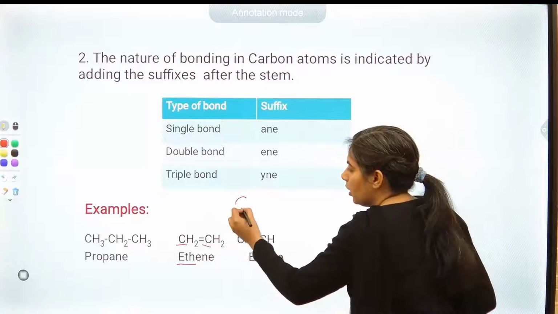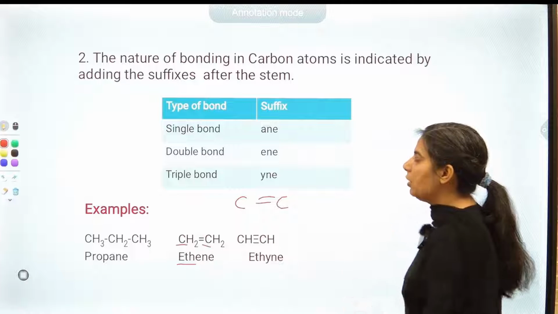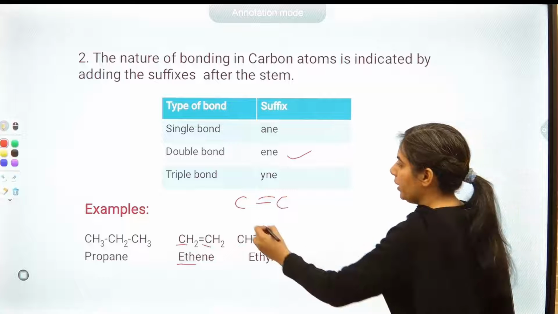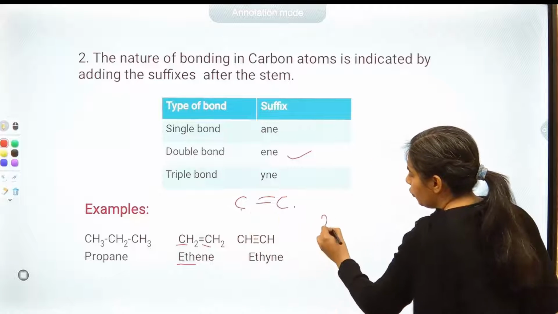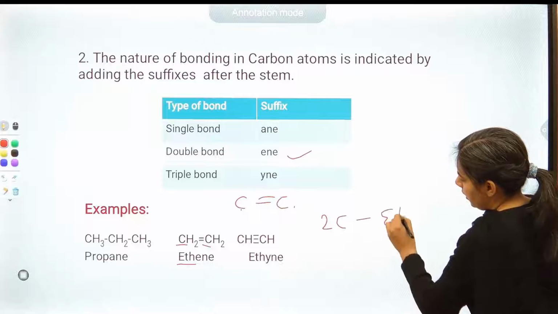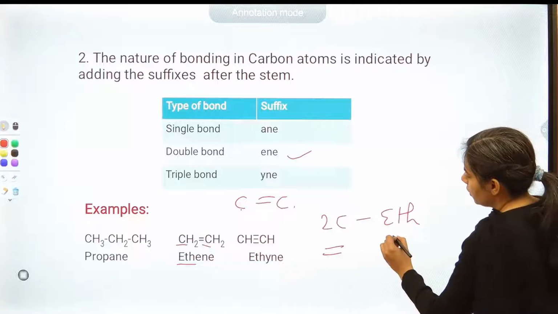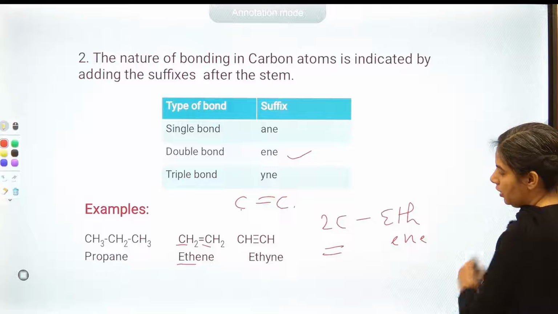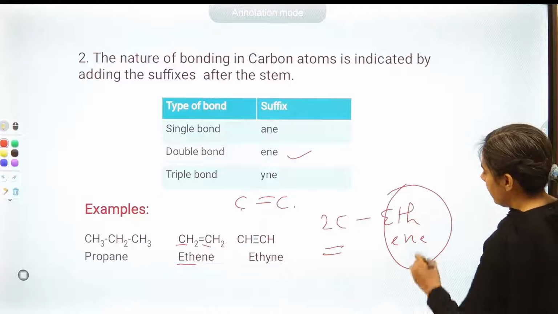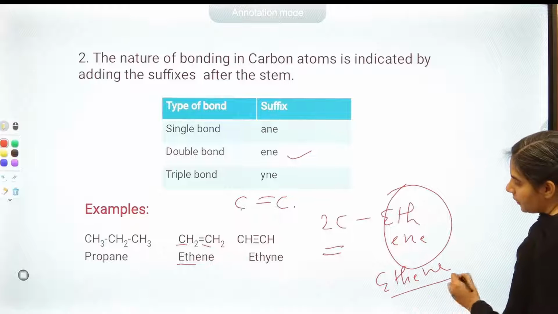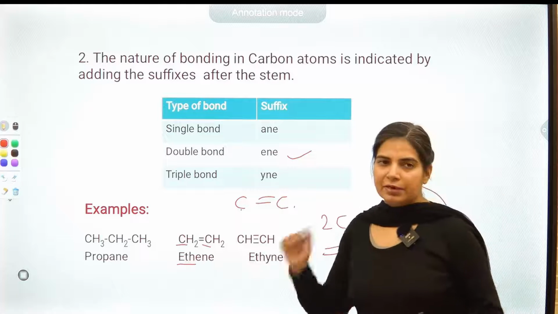So, for a carbon-carbon double bond, we are going to use the suffix ene. Collectively, for 2 carbons, we mention eth, and for the double bond, we mention ene. If I join them, we come up with ethene. That is the name of our second compound.